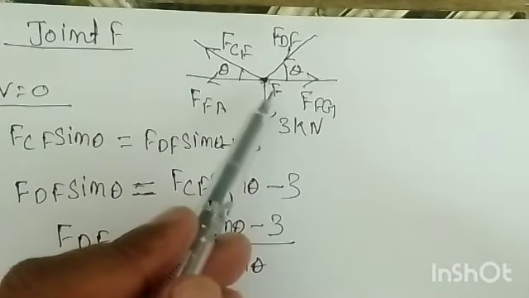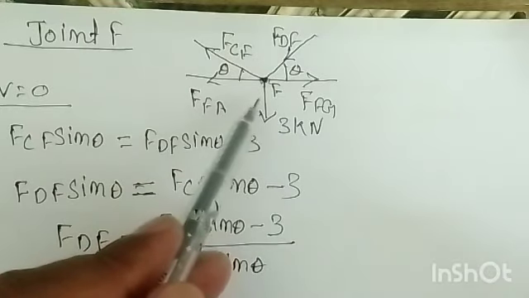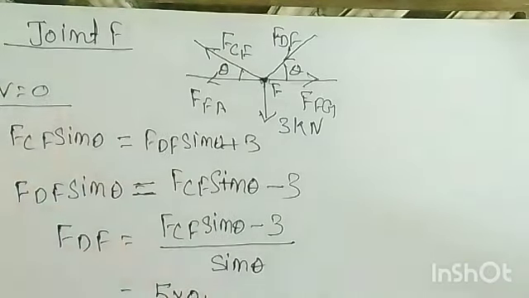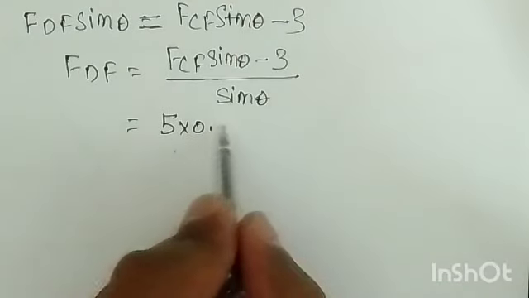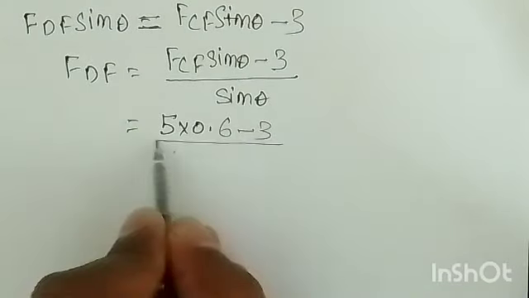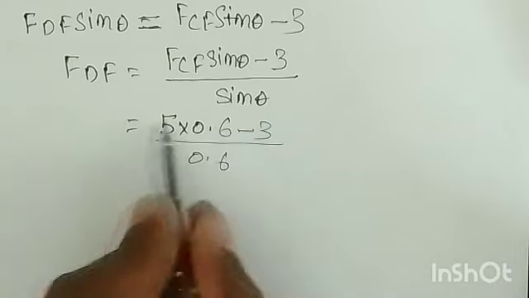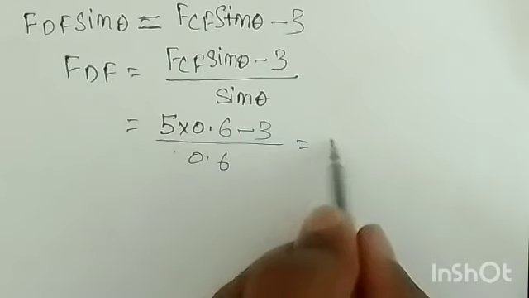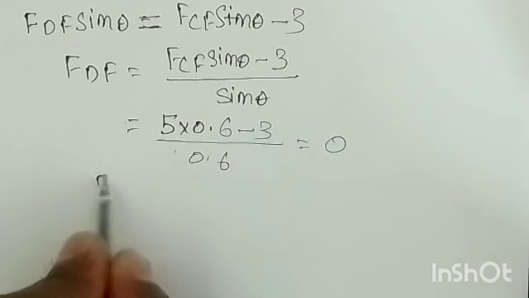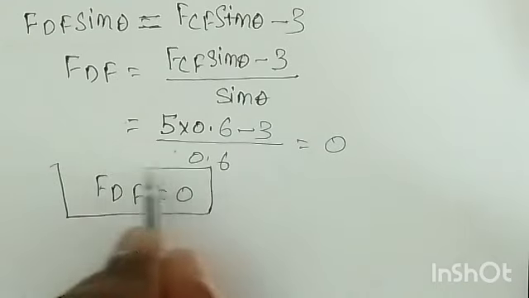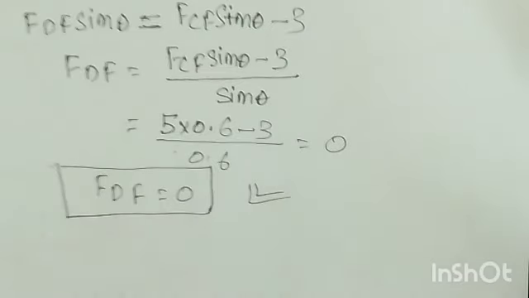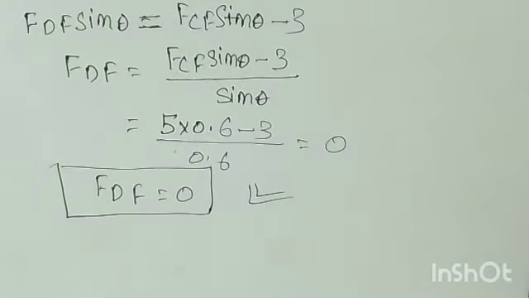This is vertically up. This is vertically down, right? So FDF is 5 into 0.6 minus 3, divided by 0.6. So this will be 3 minus 3 is 0, right? So it means that there is no force in FDF, that FDF is equal to 0, right? We got it. Next we have to resolve horizontally, right?